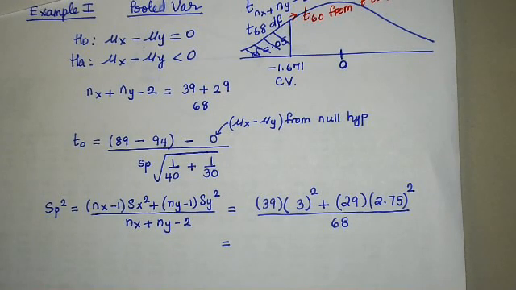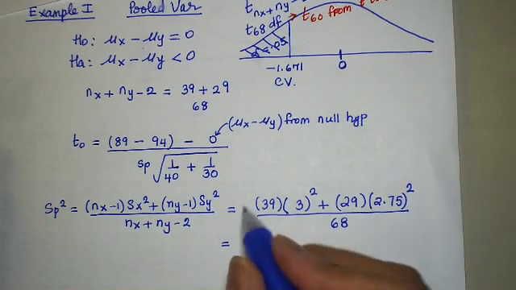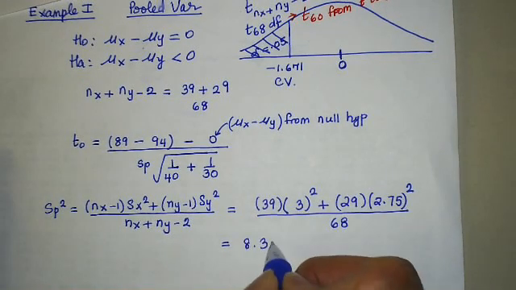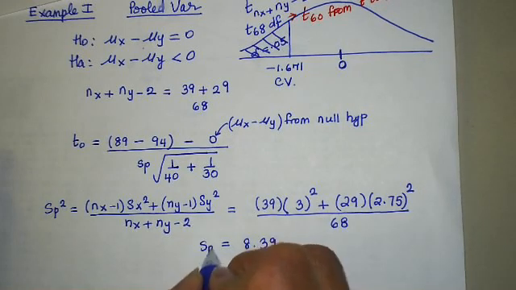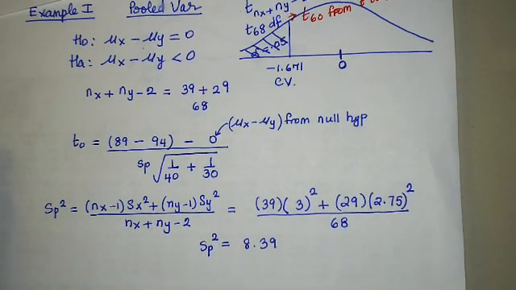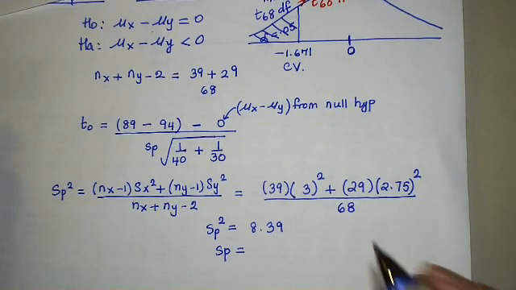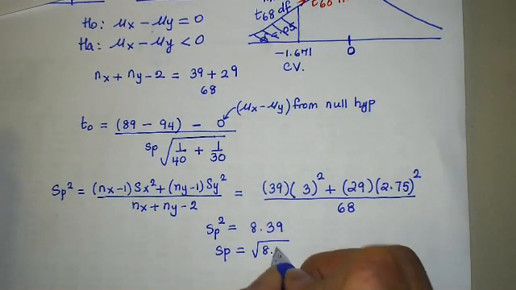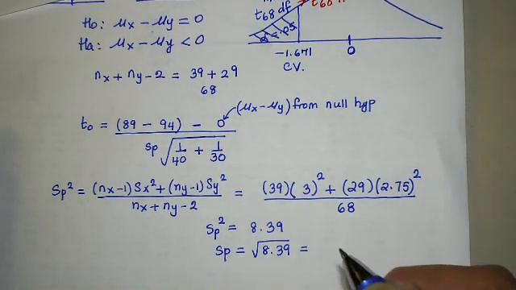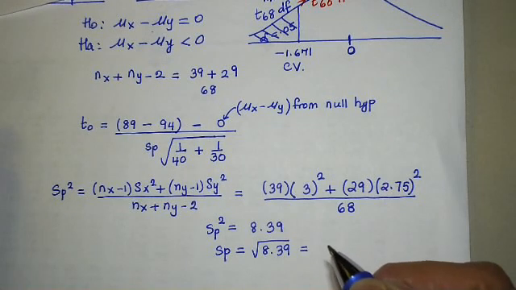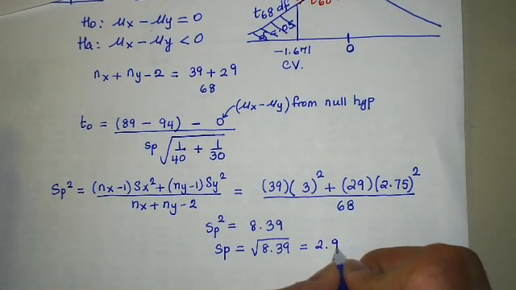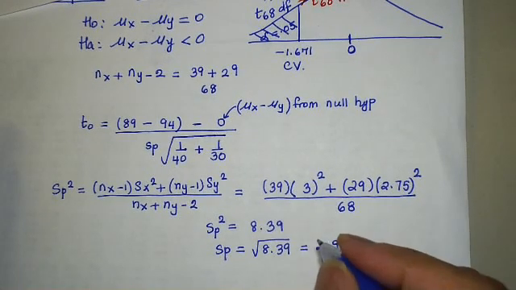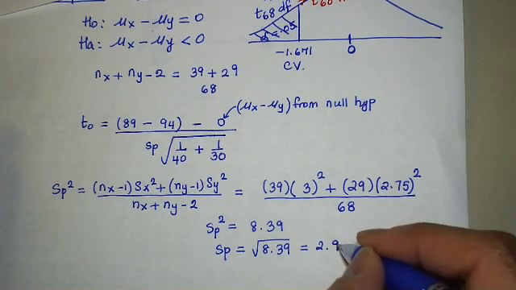Would you please get me a number for that one? That's SP squared, 8.39. Therefore, SP equals what?